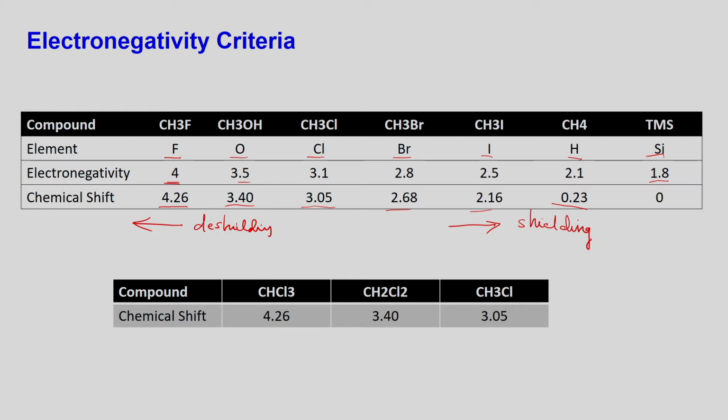This actually increases to 4.26, and if we have 2 electronegative atoms, so it is CH2Cl2, it is 3.40, and if you have a single chlorine atom, it is 3.05. So, as the number of electronegative atoms on the carbon bearing the hydrogen increases, you will have higher and higher chemical shifts.